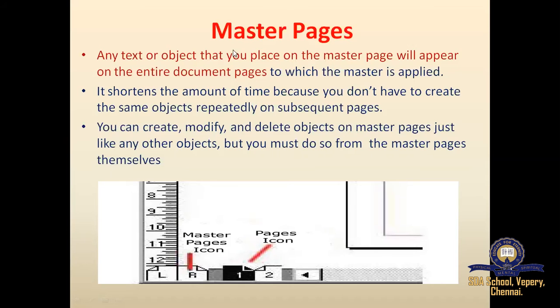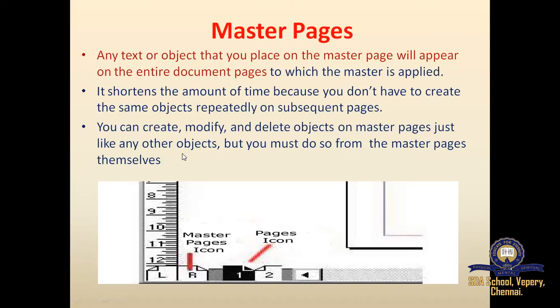Then, why do they use master page? It shortens the amount of time because you do not have to create the same objects repeatedly on subsequent pages. You can create, modify and delete objects on master page just like other objects.